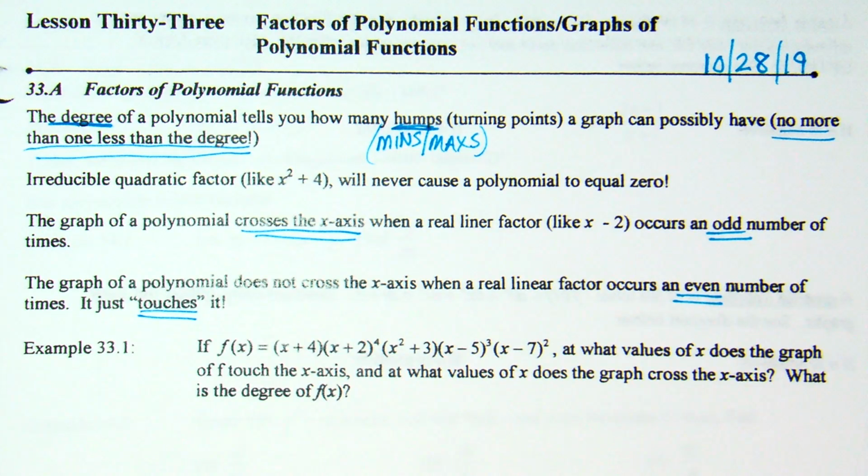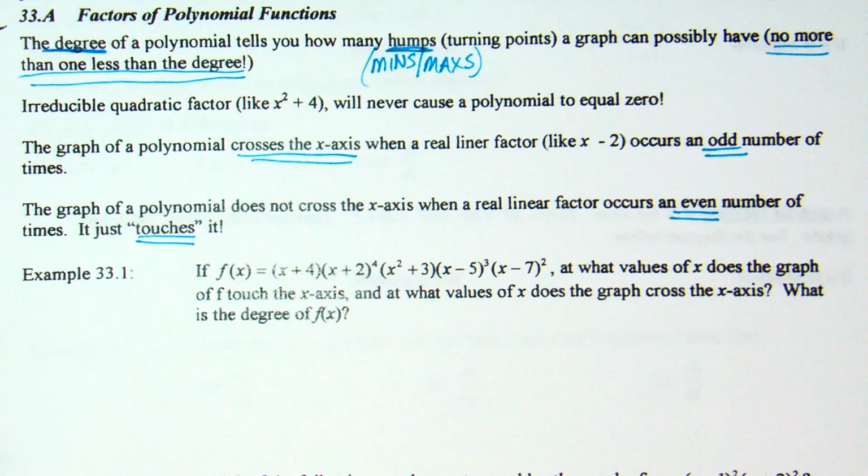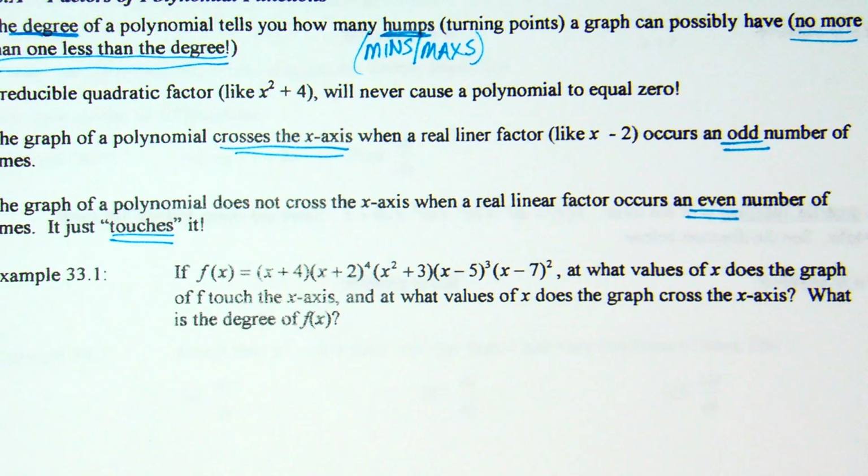So as you look at example 1, if f of x, so you have a big long f of x there, yes? Looks kind of ugly. The questions are, at what values of x does the graph of f touch the x-axis, and at what values of x does the graph cross the x-axis? And what is the degree of f of x? Okay, those are your pieces.